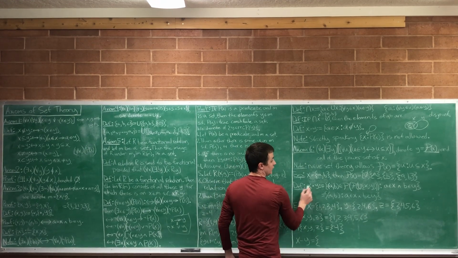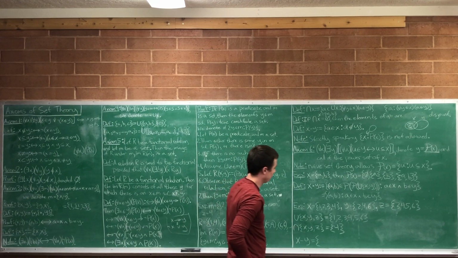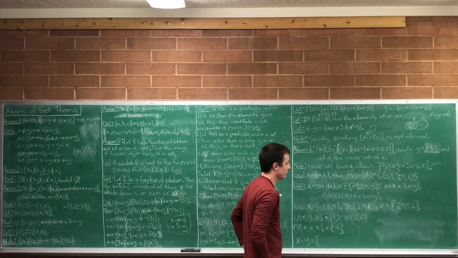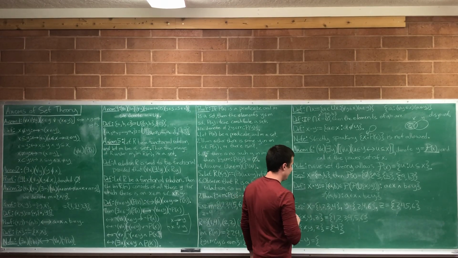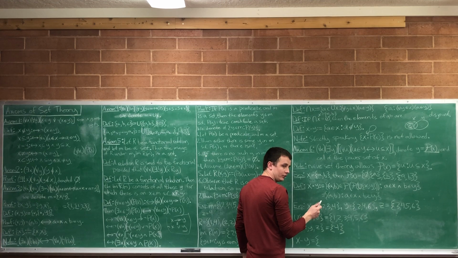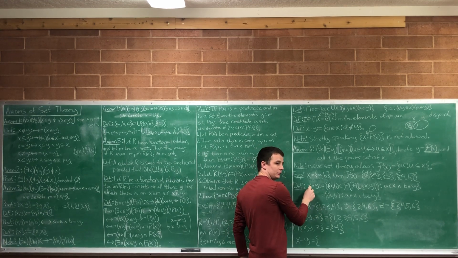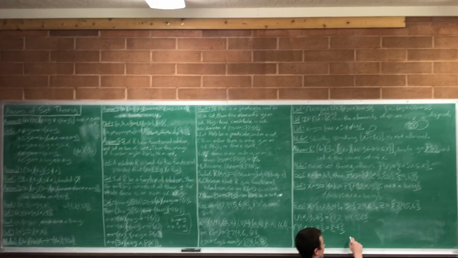So now, let's get to the Cartesian product. And this is where you're going to see why we sometimes omit where the set comes from. So first off, intuitively, what is x cross y? It's all the ordered pairs that you can get where the first element comes from x and the second element comes from y. So let's do an example first, and we'll go over the definition.